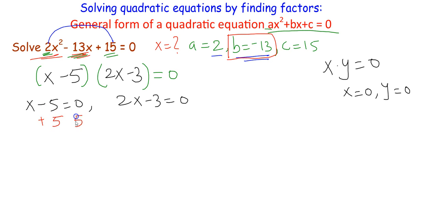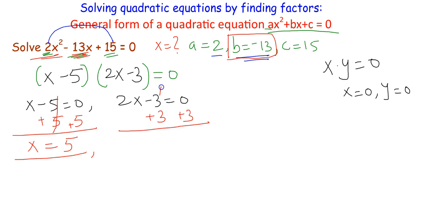Just add 5 on both sides, cancel out this -5, +5. So you got x is equal to 0 plus 5, which is equal to 5. And in this second equation, 2x minus 3 equal to 0, I'll add 3 on both sides so that -3 got cancelled there.